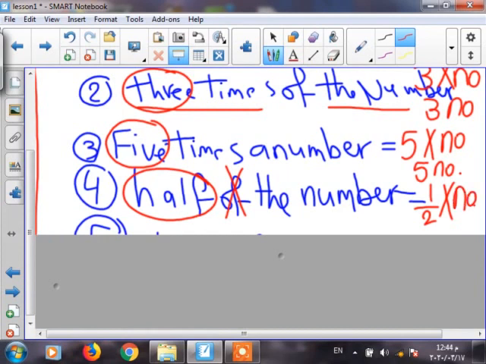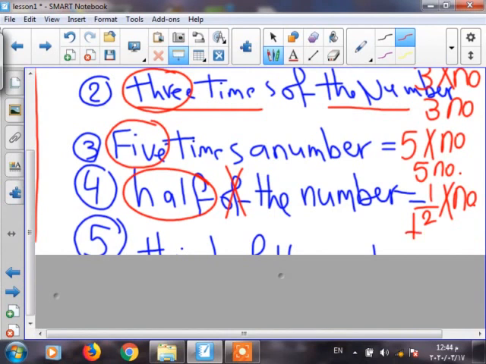So it becomes half times the number, or I can write it another way, the number divided by 2. This is half. If I say half of 8, what is the meaning? Half times 8. Then if I say half of 7, the meaning is half times 7. Okay, the next one.